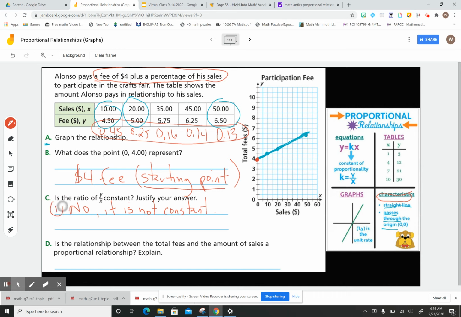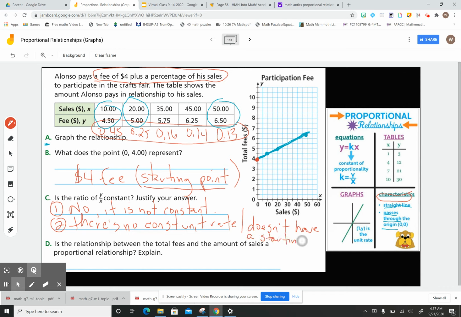So that's number one. Number two, there's no constant unit rate and it doesn't have a starting point at zero.